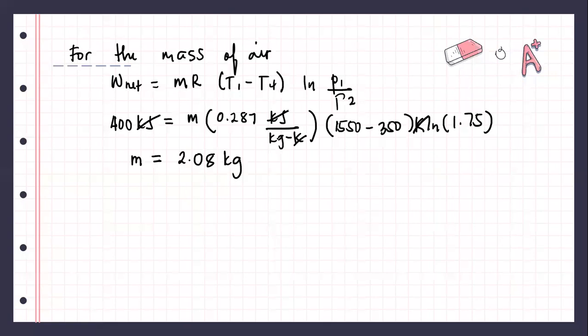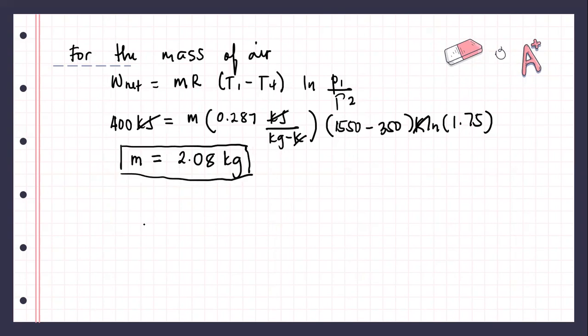Now using this equation, we can cancel kilojoule, then Kelvin. Therefore, the mass is 2.08 kilogram.